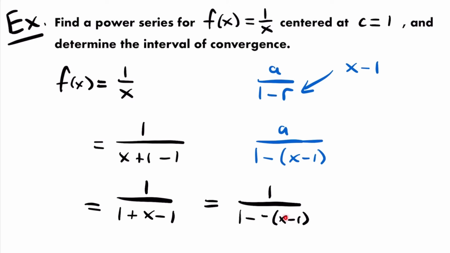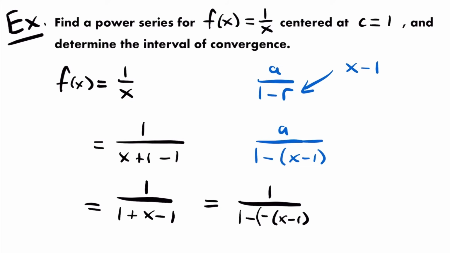If both of these two terms are being multiplied by negative 1, and we're subtracting that, those two negatives would cancel out, and we would have 1 plus x minus 1. And so we are allowed to rewrite that plus sign as being minus the negative version of those two terms. Okay, and so now what we have here is a constant divided by 1 minus some common ratio r, right?